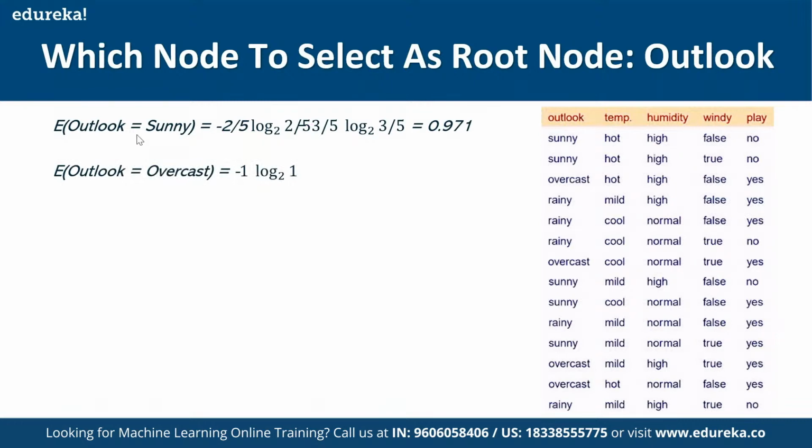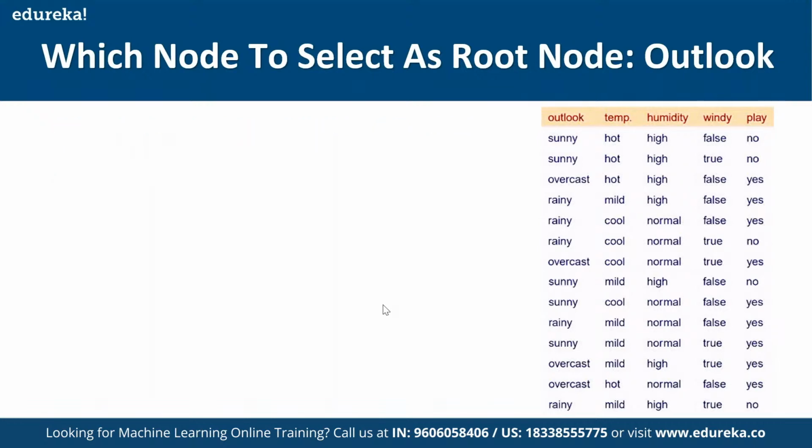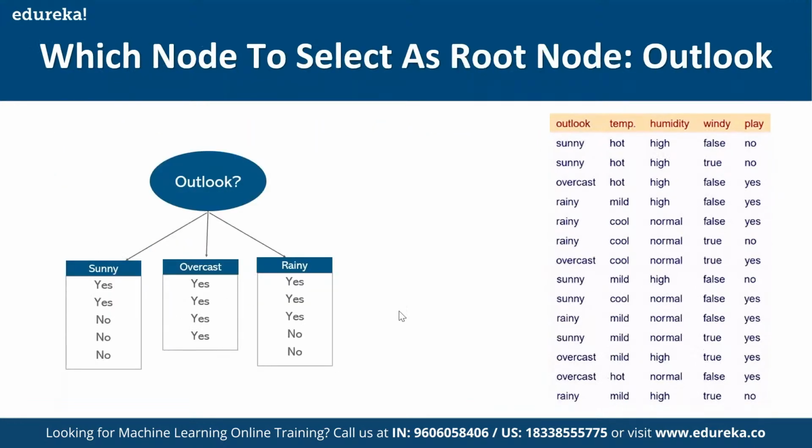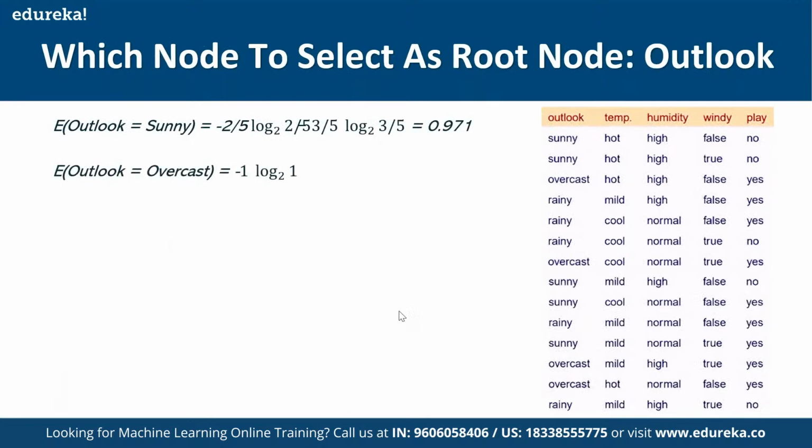Accordingly, you will proceed with calculating the entropy when the outlook is overcast. Outlook is overcast, always you are playing, right? If the outlook is overcast every time you are playing, it means that the entropy will be zero. If you apply that formula, you will get zero. And third, what would happen if the outlook is rainy?